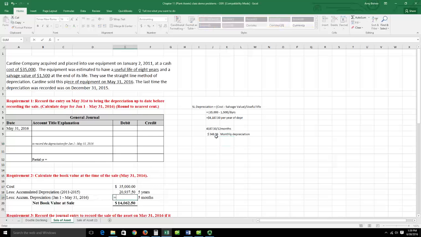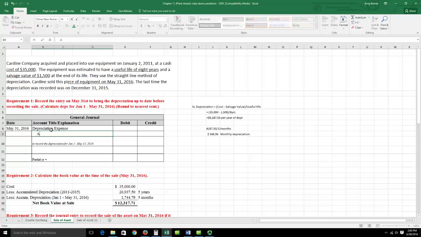I can take the $348.96 and multiply it times the 5 months, and that gives me an additional $1,744.79. So before I do anything to record the sale, the very first thing I have to do is catch up that depreciation and record the depreciation expense for those 5 months that I owned it in 2016.